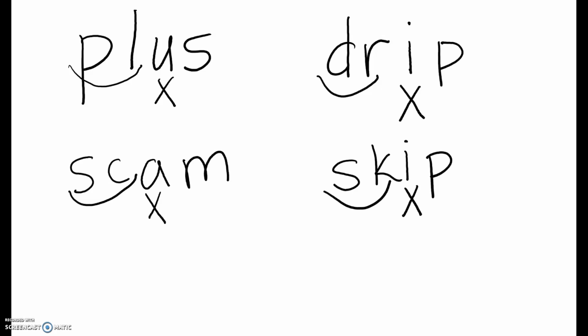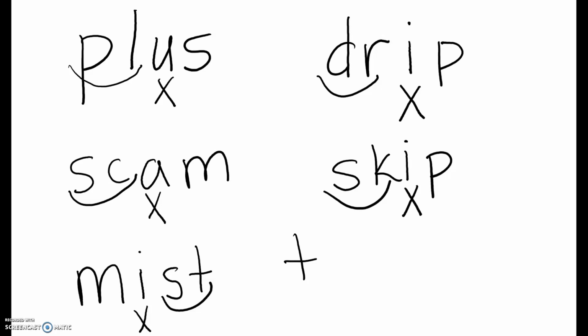The next word I'd like you to write down is mist. Mist. Okay, so you're going to do M, I, and then our blend comes at the end of this word, the ST. So you'll mark the vowel and then put an arc on the ST. Okay, our next word is twist.